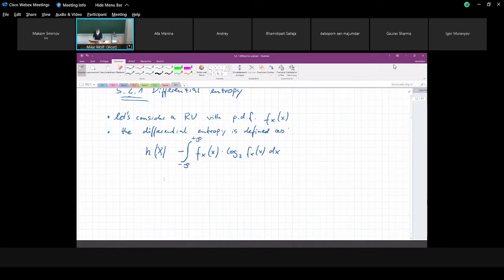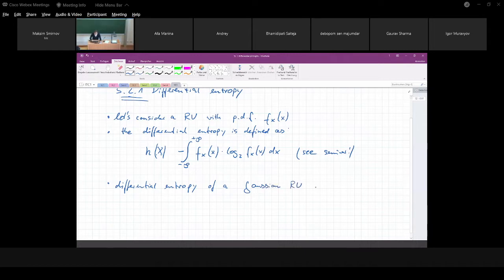So, and now we say, okay, differential entropy of a Gaussian, so you can see the seminar to interpret this. Differential entropy of a Gaussian with zero mean.